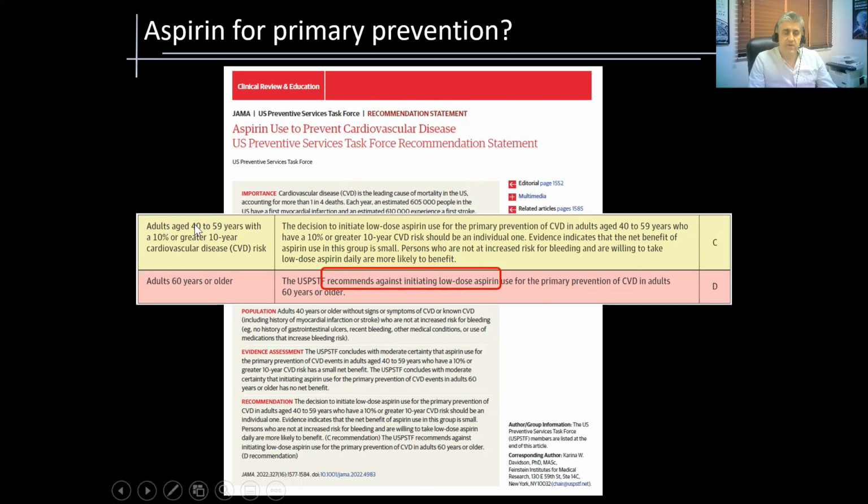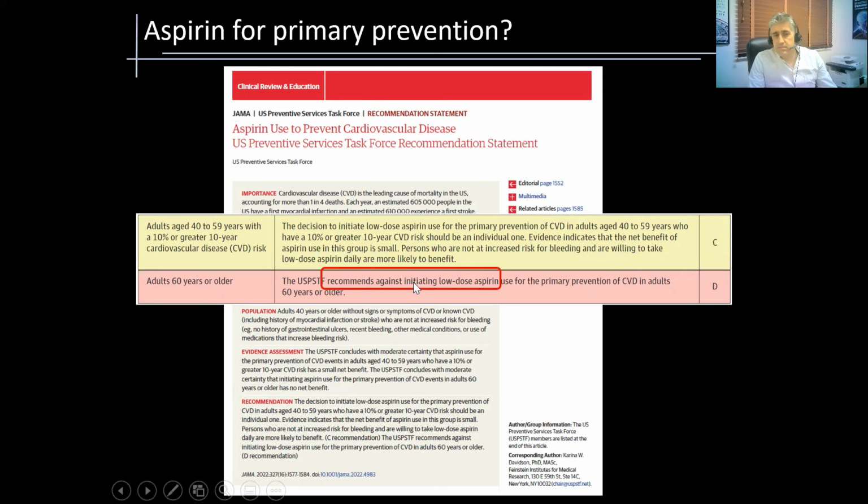Now, with regard to patients who are younger than 60, that is between 40 and 59, evidence indicates that the net benefit of aspirin use in this group is small, and patients who are not at increased risk for bleeding and are willing to take low-dose aspirin daily are more likely to benefit. But again, the decision should be an individual one.